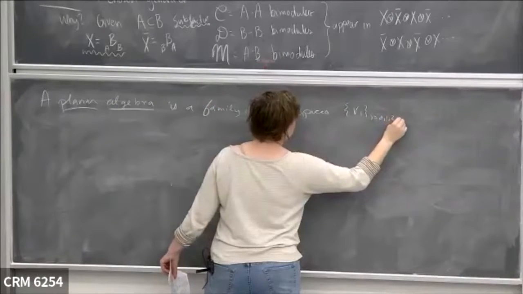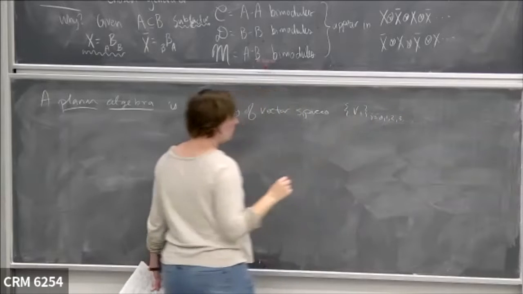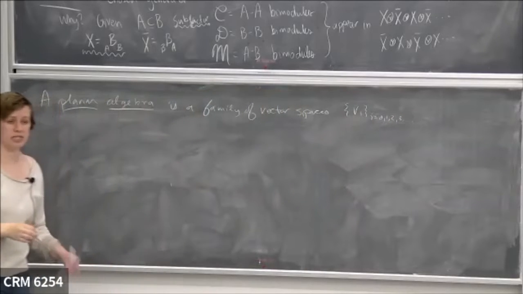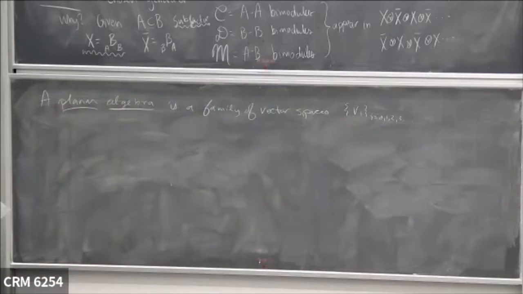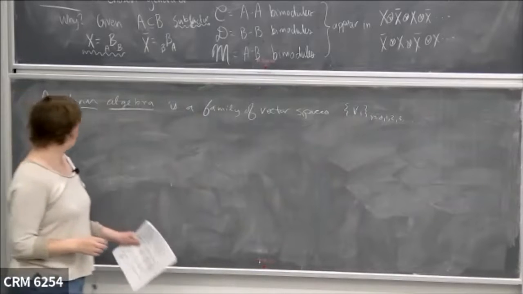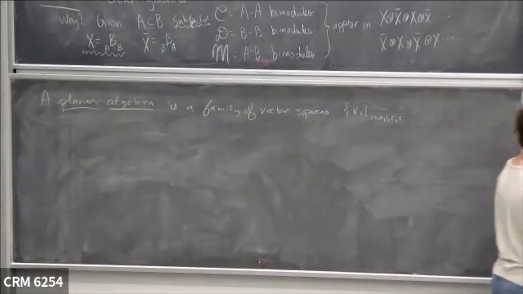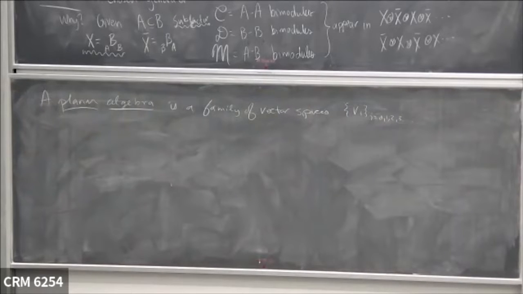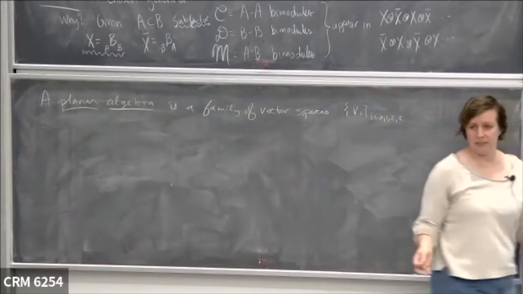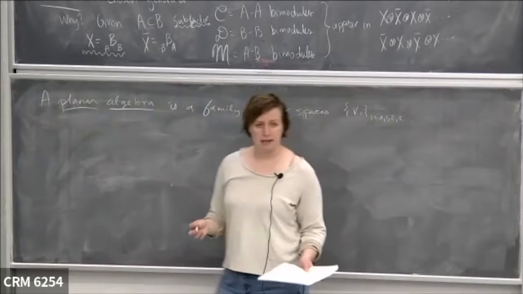So we have a potentially different vector space for every non-negative integer. We think of the elements of these vector spaces as potential inputs to a planar diagram. If a circle has 6 strings coming out of it, that means we should take something from the space V6 as our input there.